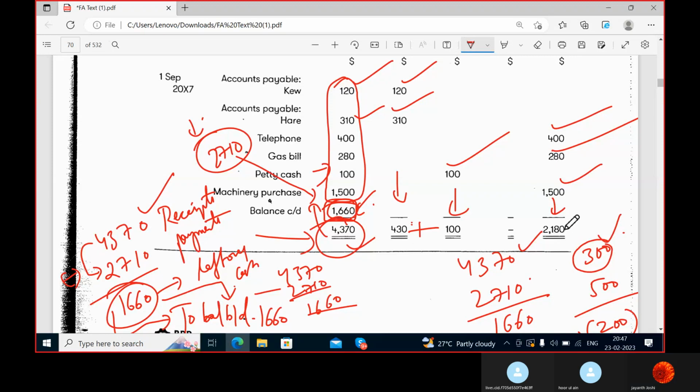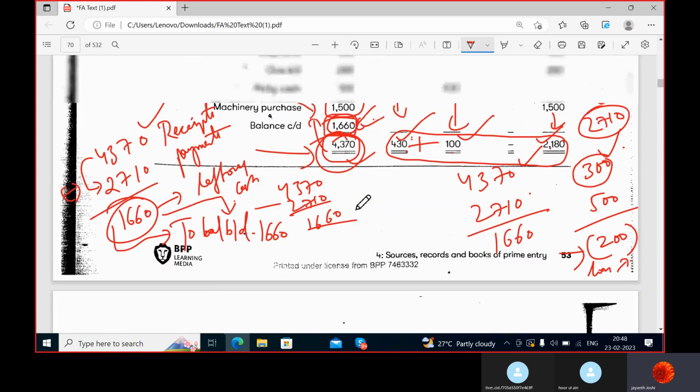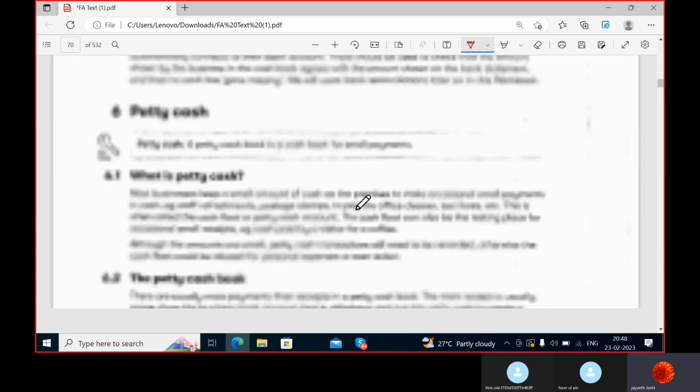So when you add all these amounts, it happens to be 2,710, and that shows a difference of 1,660. Why? Because out of these receipts, you made this payment, and this payment, and your leftover is 1,660, which you are showing here. Okay, have a look at this. We'll move forward.